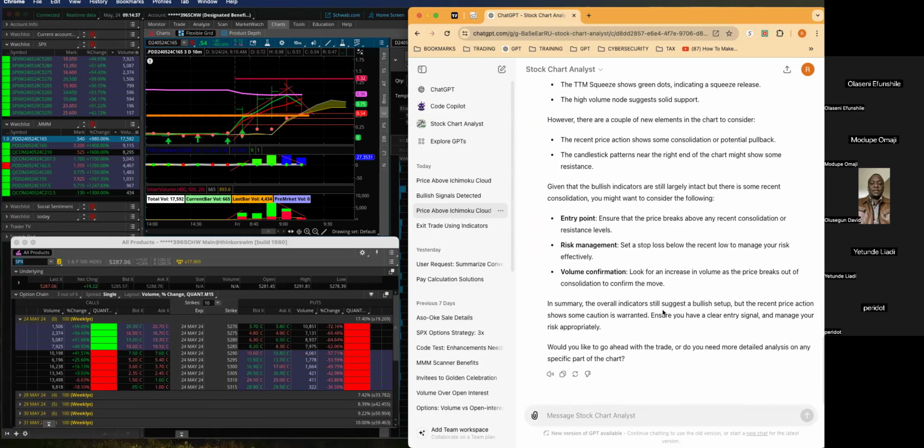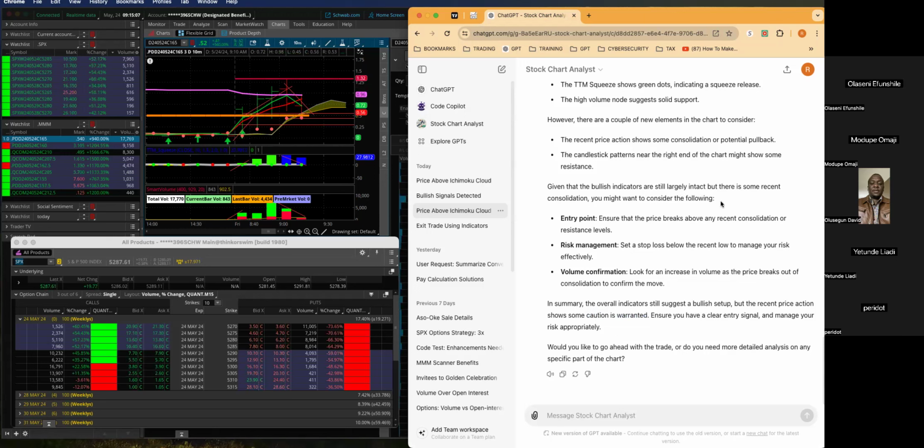So the bar trend still suggests a bullish setup, but the recent price action shows some caution is warranted. That is all you need. All right. Ensure you have a clear entry signal and manage your risk properly. So it doesn't need to tell me what to do, but it just says caution. It says caution even though the bullish indicators are steadily intact, because there is some recent consolidation.